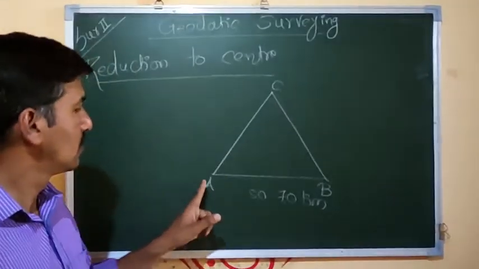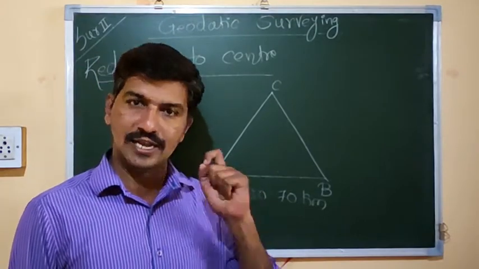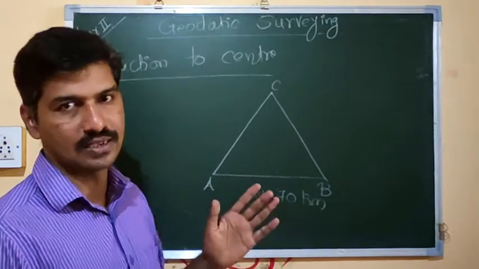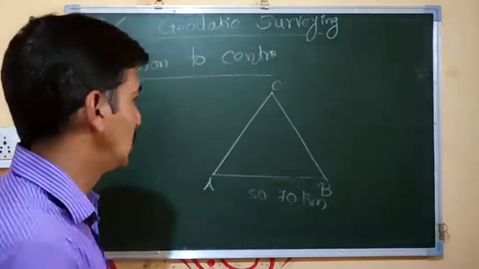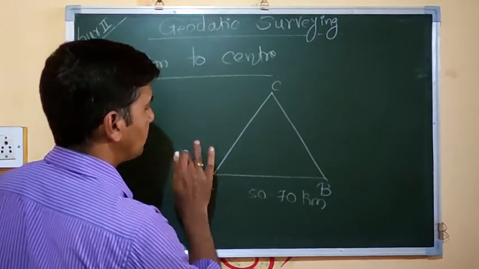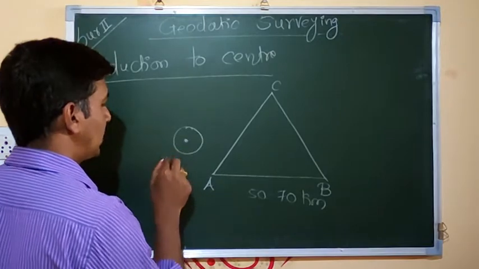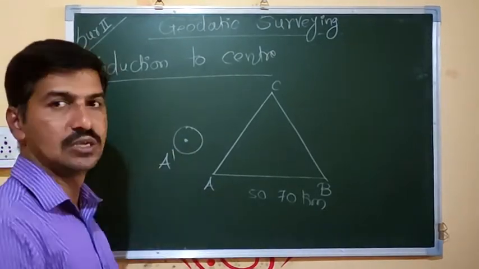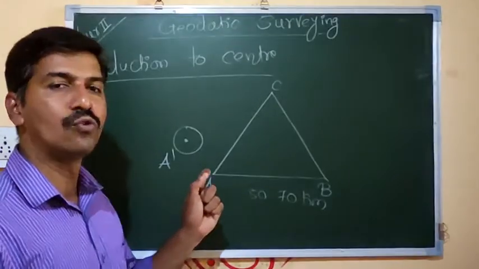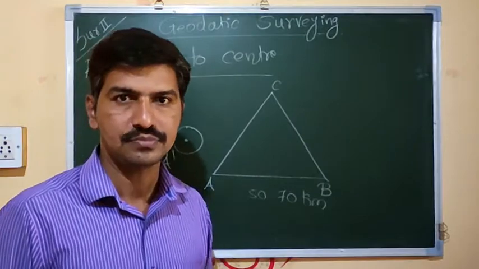Now, if that station, the highest point in that area, is not exactly A, it might be very near to point A. Suppose here we have identified this point, let us say that point is A dash, which is the highest point, and I would like to refer to this point as my triangulation station.